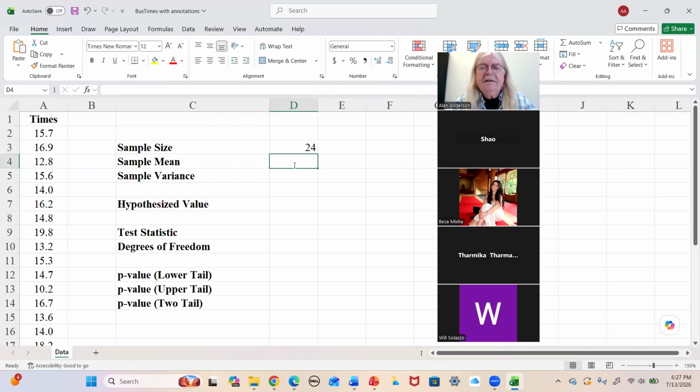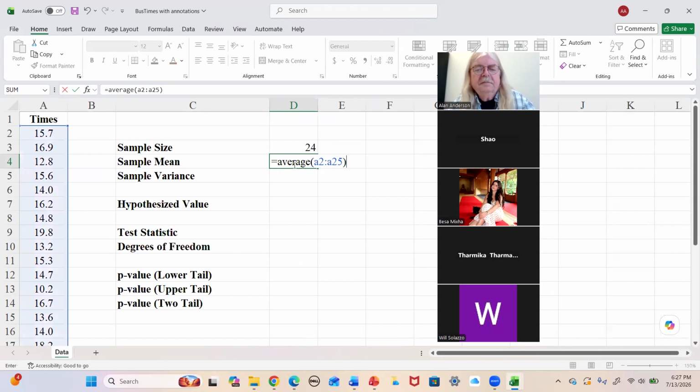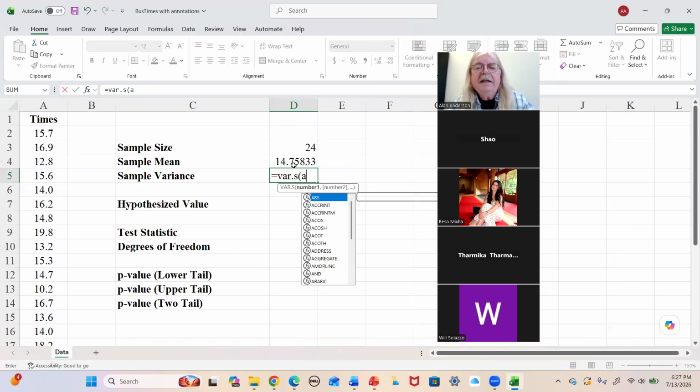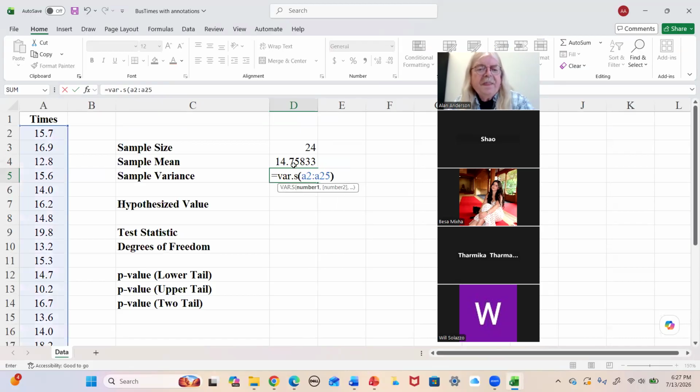The sample mean is average in Excel, A2 through A25. And the variance, of course, is VAR.S. Remember, it's a sample. Again, A2 through A25.